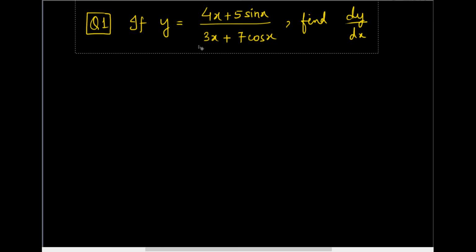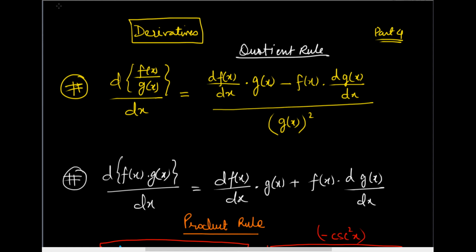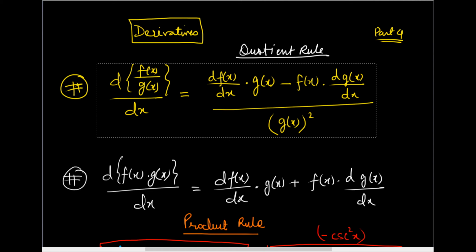In this question, the function y equals 4x plus 5 sin x over 3x plus 7 cos x, and we need to find its derivative. How can we do so? You can easily recognize the pattern of this function is in the form of f(x) over g(x). We just saw that formula for how to differentiate, so let us copy that quotient rule formula and use it to differentiate that function.